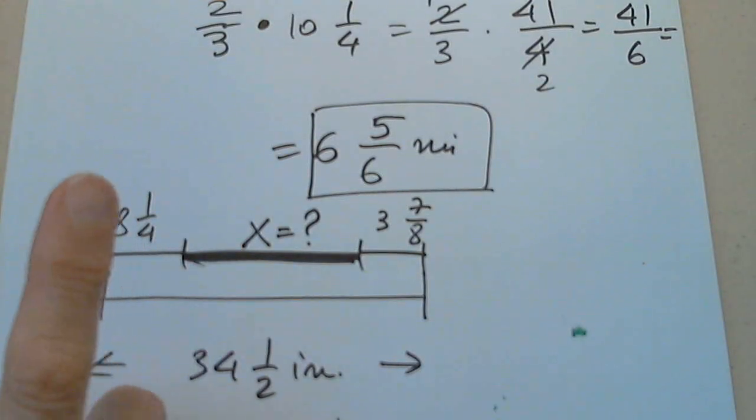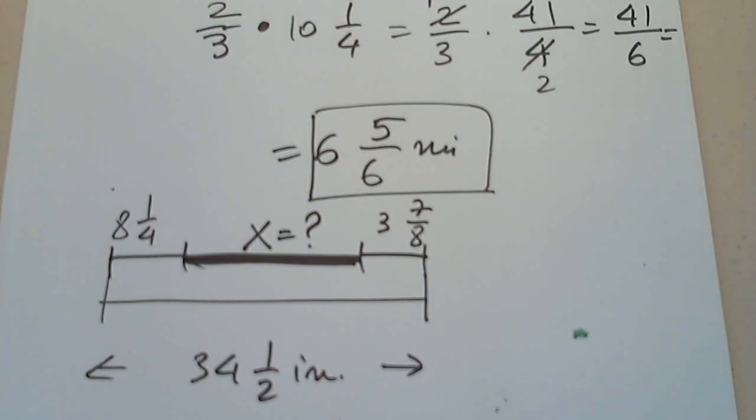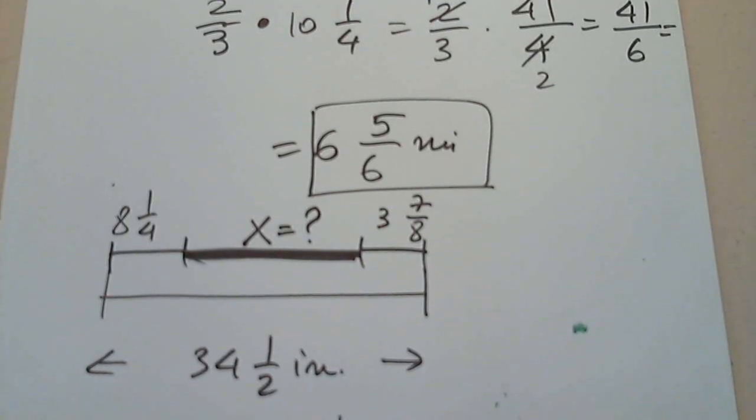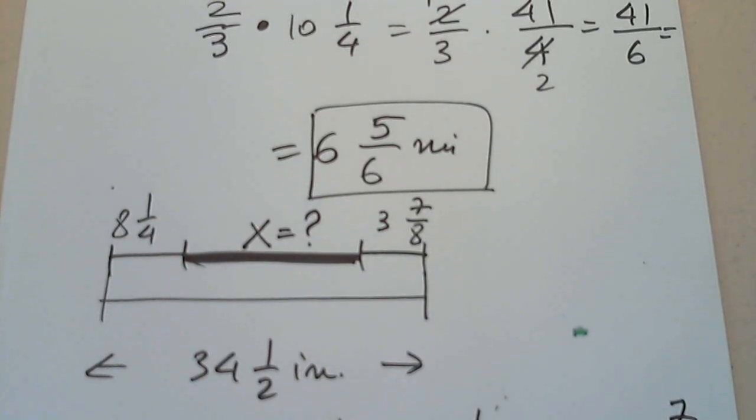So, what do I write? We would just add all the... Exactly. Thank you very much. 8 1/4 plus x plus 3 7/8. That's my starting point. Excellent.